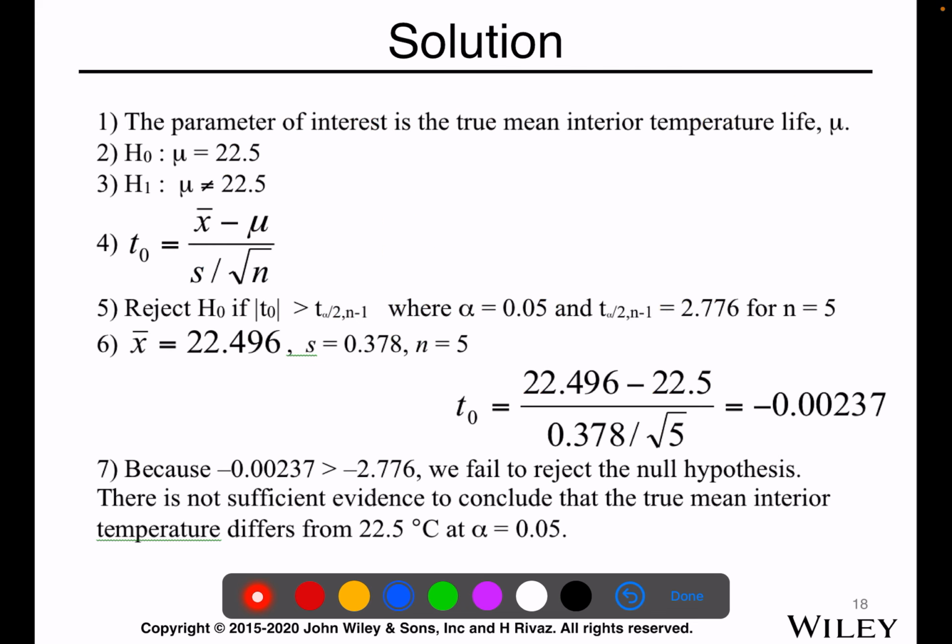So x bar is 22.49, S is 0.378, n is 5. So t0 is going to be x bar minus mu divided by s divided by square root of n, and that's minus 0.002.